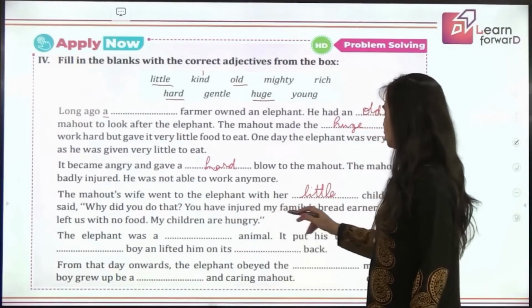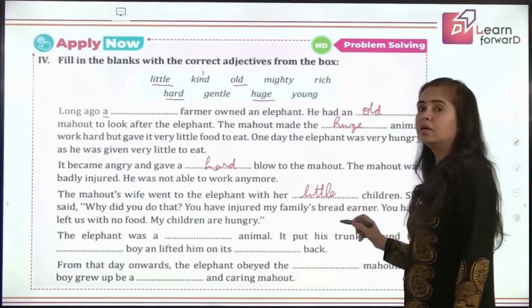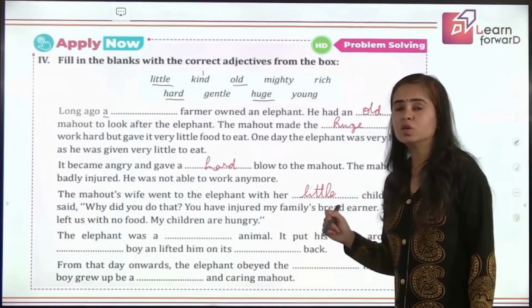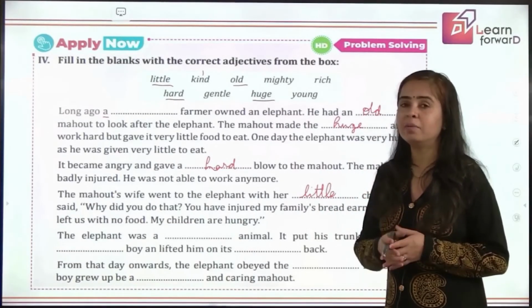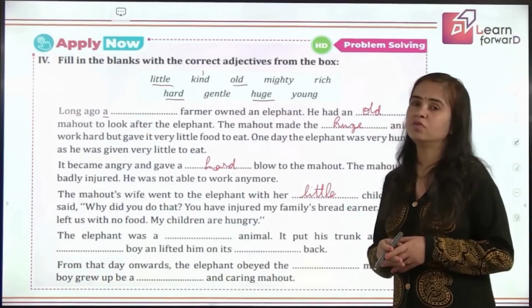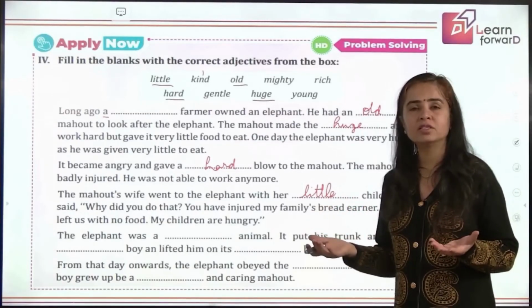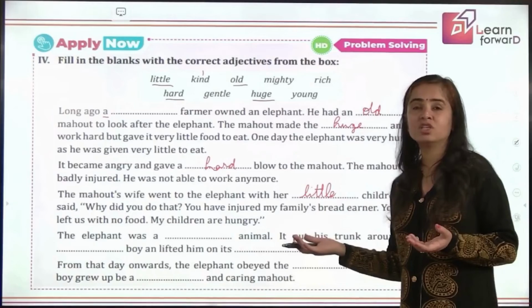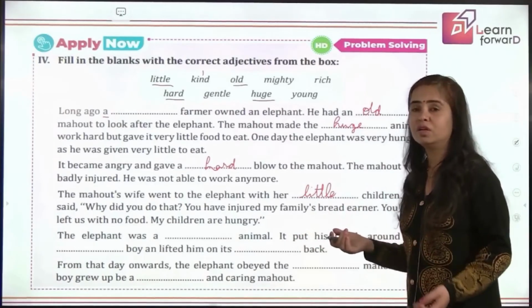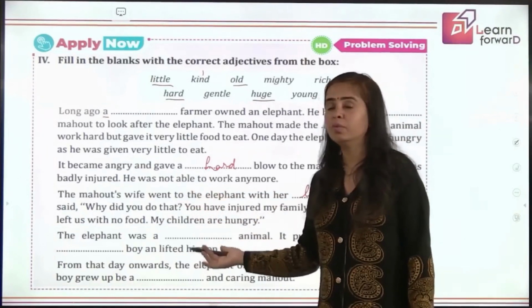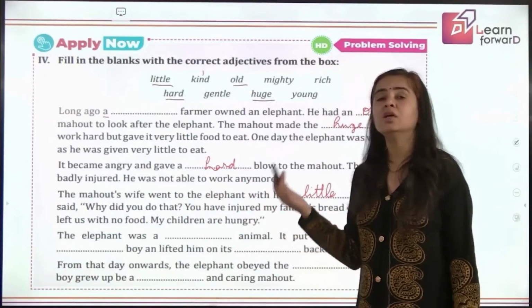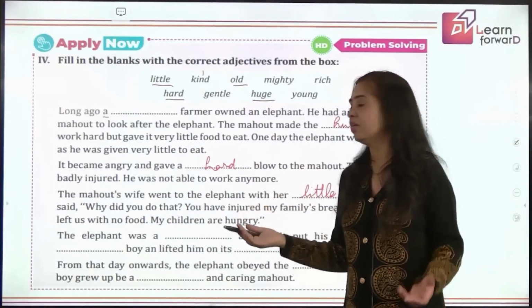You have injured my family's bread earner, because the mahout was the only person who was earning money and they were getting their bread and meals for the day. So she was like, why did you do that to my husband? See, you have just snatched away our only source of earning money. You have left us with no food because there is no source of earning. We have no money, so we are left with no food.